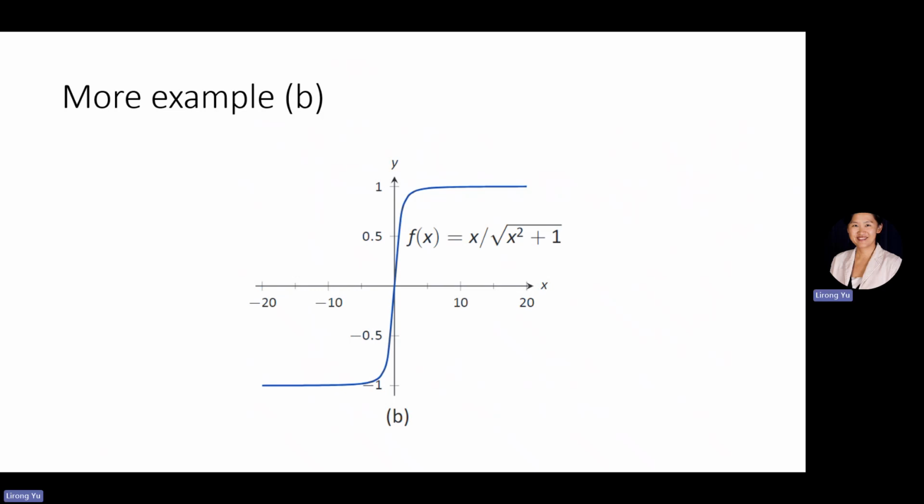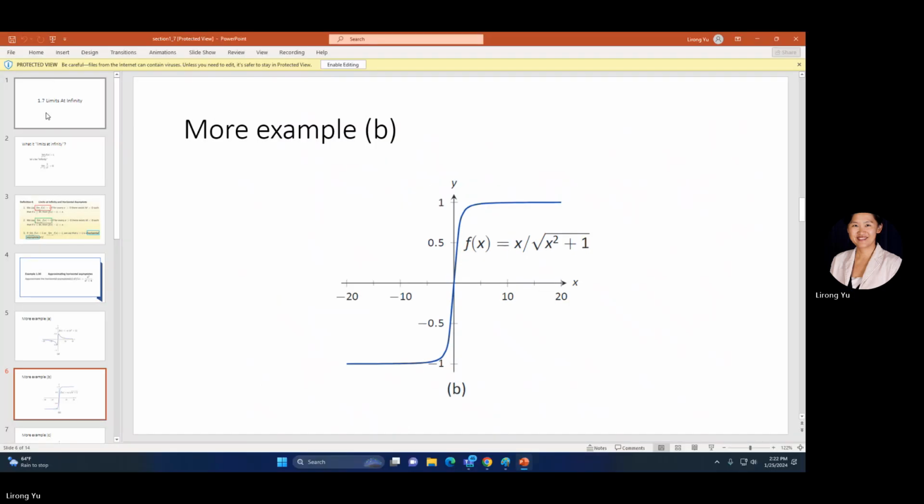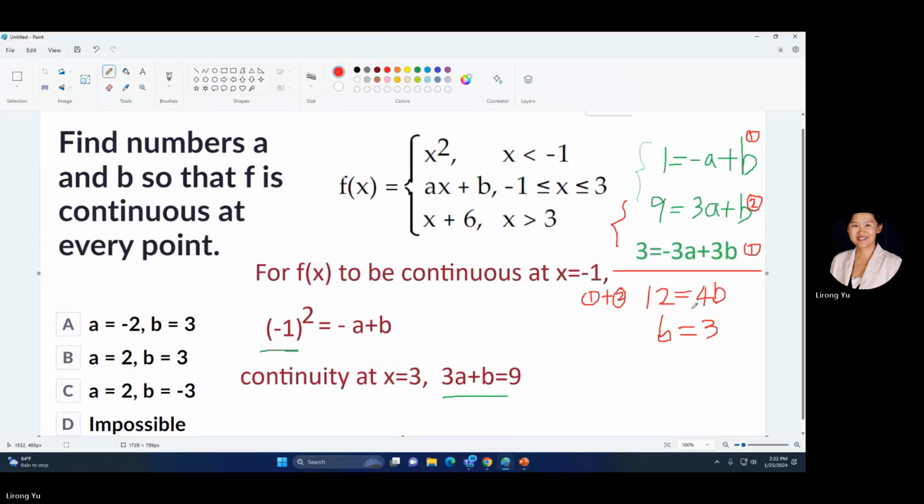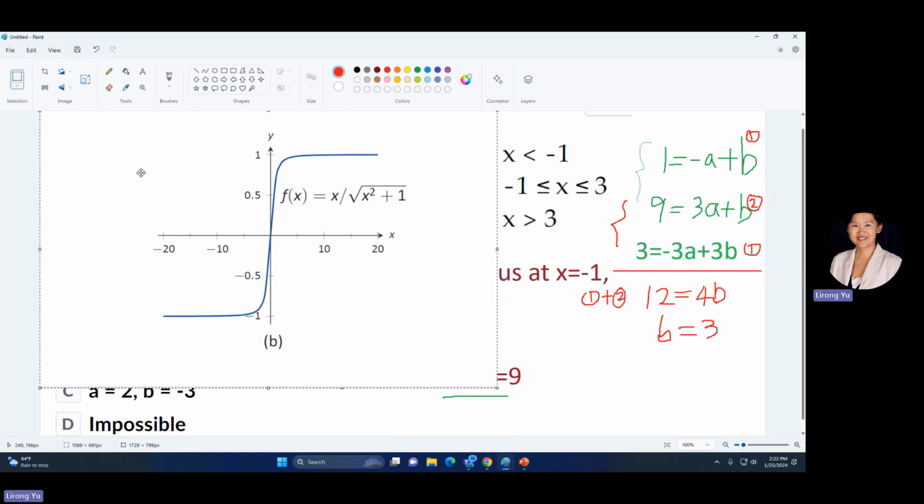Another example, this question: you have the numerator x over, and copy this over to. Okay, so this one, this is x over x squared plus 1.